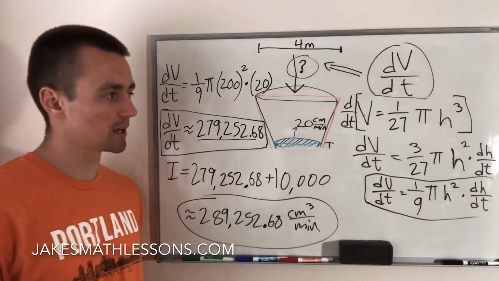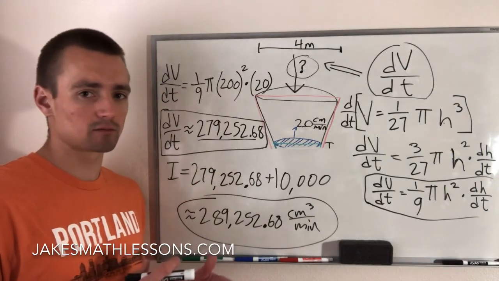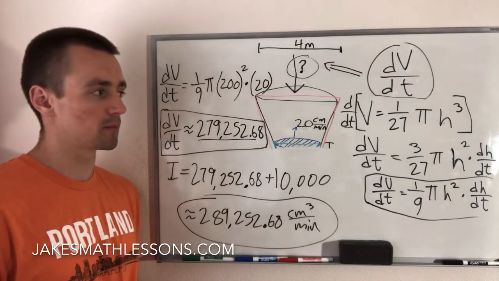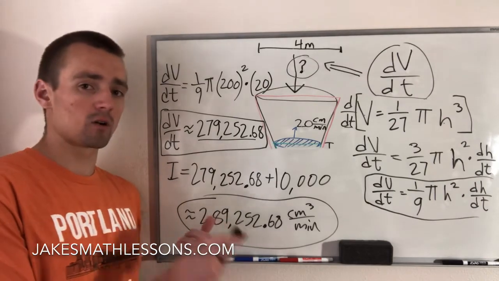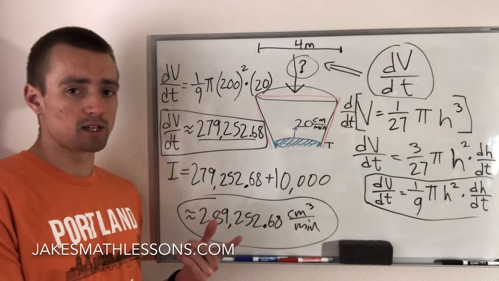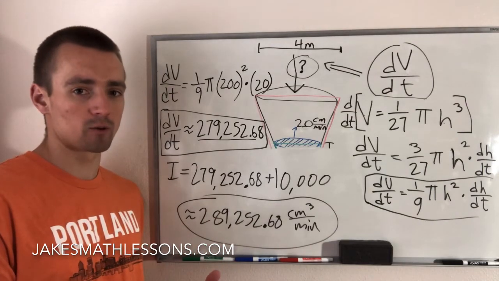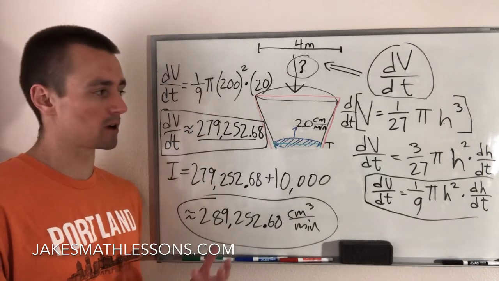And then, like we figured out with the radius, what variables we want to figure out how to rewrite in a way that we actually have some information. So we had to figure out r in terms of h because we knew h, we knew dh/dt, but we didn't know dr/dt.